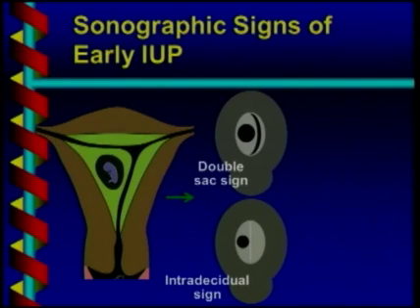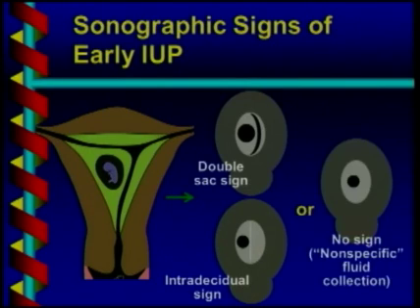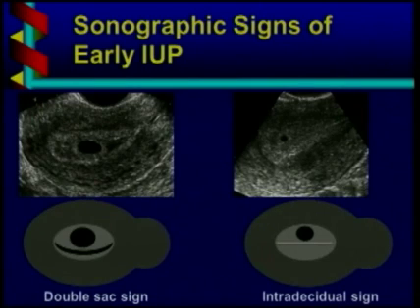But there's a third appearance that intrauterine pregnancies can have, and that's no sign, or a so-called nonspecific fluid collection. In fact, about half of pregnancies early on, at about 5 weeks, scanned transvaginally, will have no double sac sign, no intradecidual sign, they'll have no sign at all. But don't think that it's not a pregnancy because there's no sign.